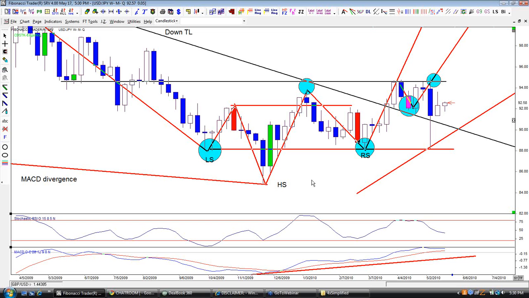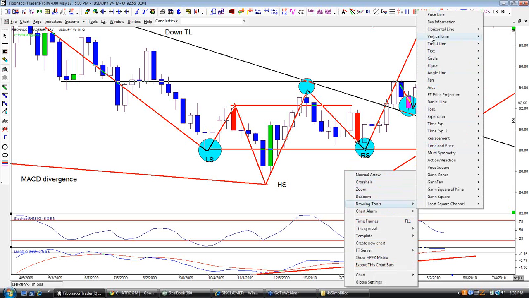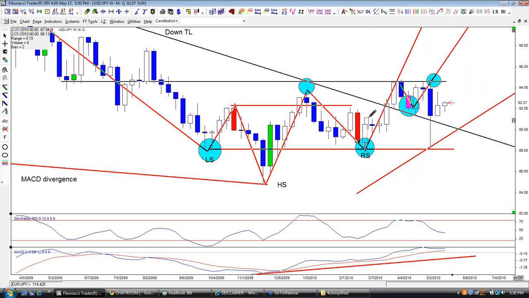Now, I use mostly this big pattern for trend direction. It's not that I only trade the pattern, but once we form the right shoulder, we know that we'll be in an uptrend at least here to the neckline.